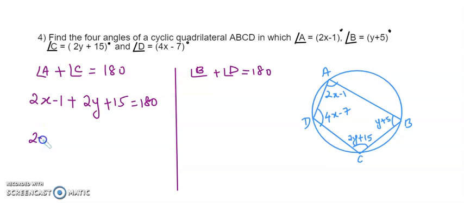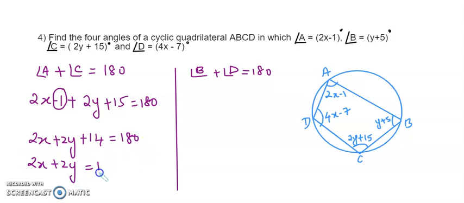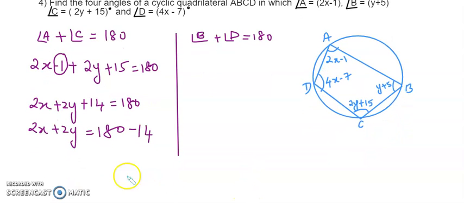Let's write 2x, put the 2y first, now minus 1 and 15. That will turn out as 15 minus 1, which is 14, which equals 180. It goes to the other side, so it is subtracted. So 180 minus 14. What will I get? 2x plus 2y equals 166.